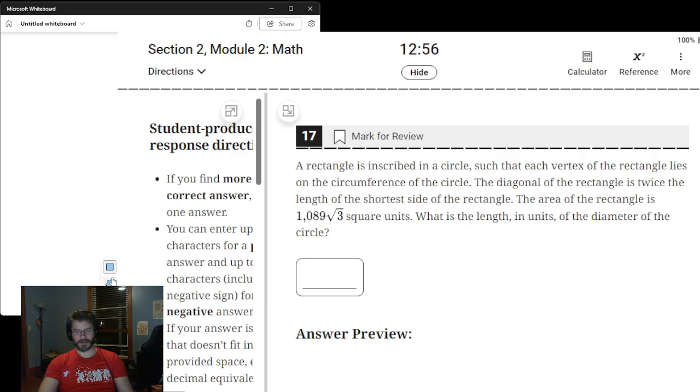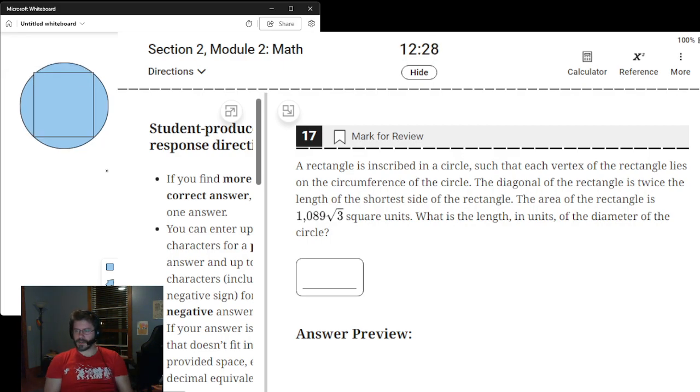So, a rectangle inside of a circle, such that it touches the corners. All right, that's a little better.